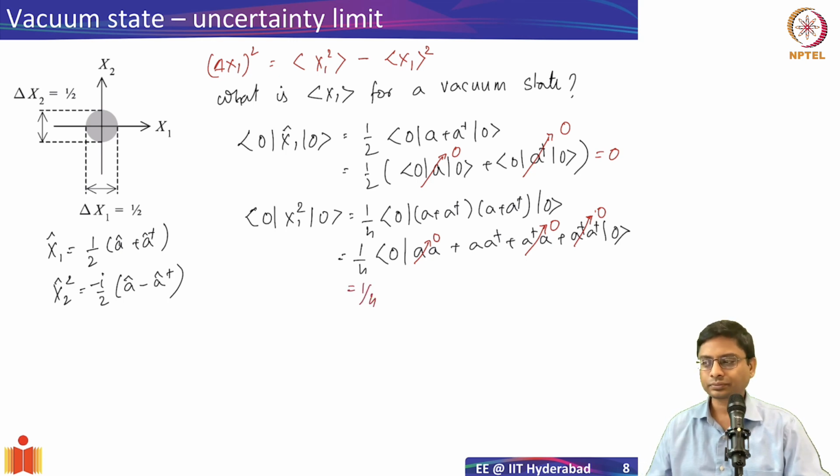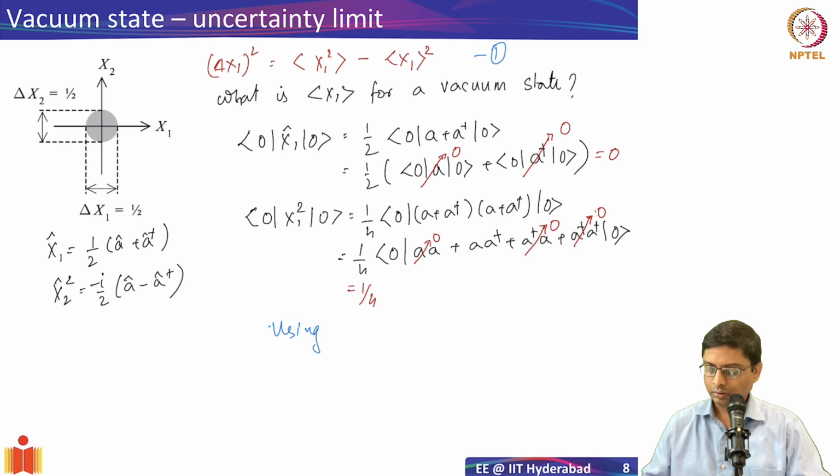Correct? So now if I call this my equation number 1, using it, delta x1 is equal to the square root of x1 squared minus x1 whole squared, right? So this is going to be the square root of 1/4, which is equal to half.